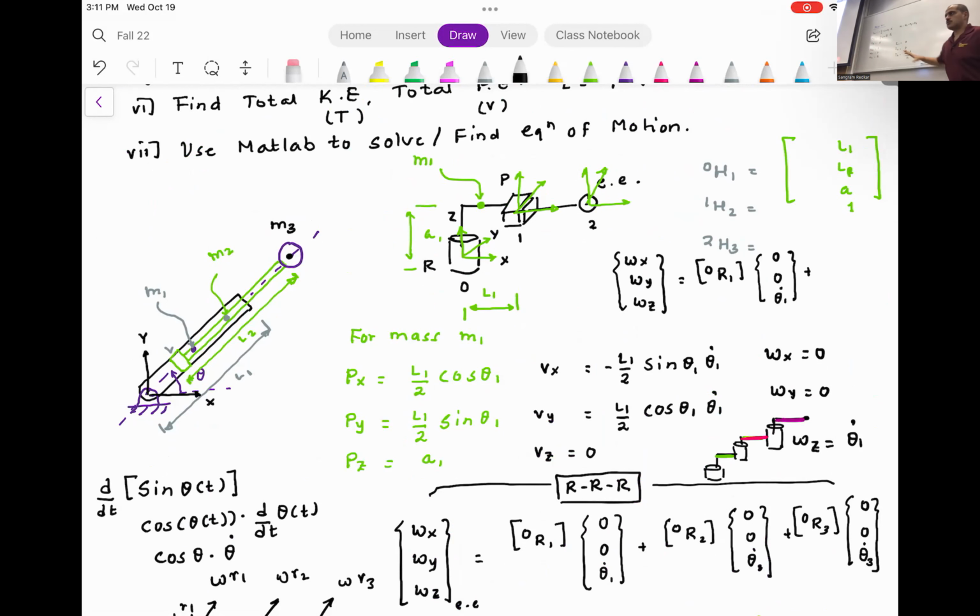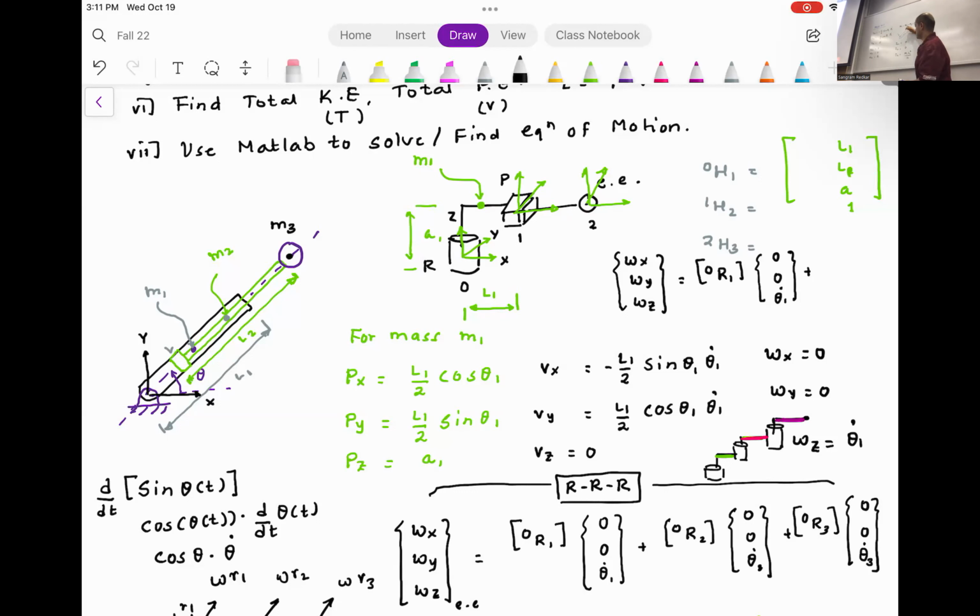Is everyone clear about this? Any questions here? Why are Ix1 and Iy1 equal to 0? Because please understand, this is x, this is y, and z is coming out.